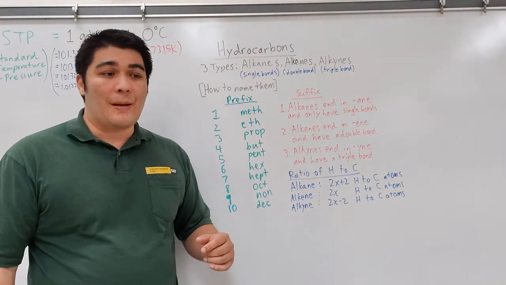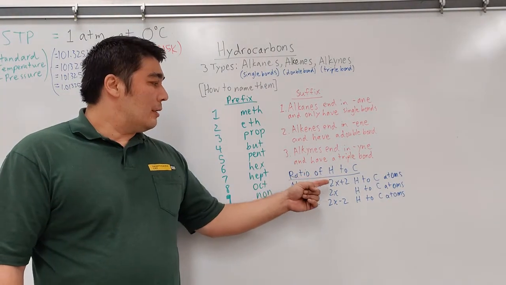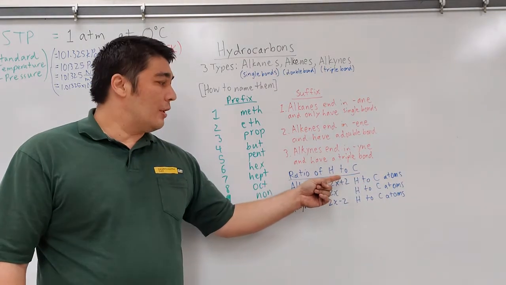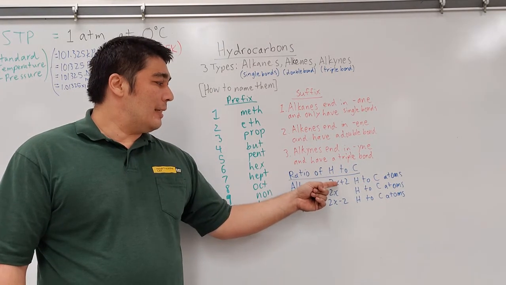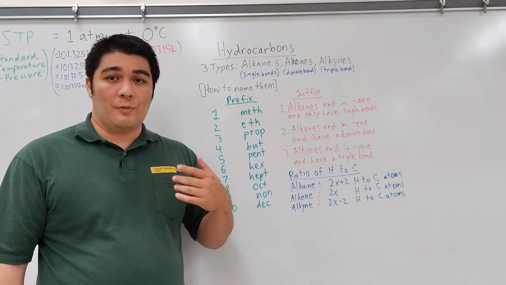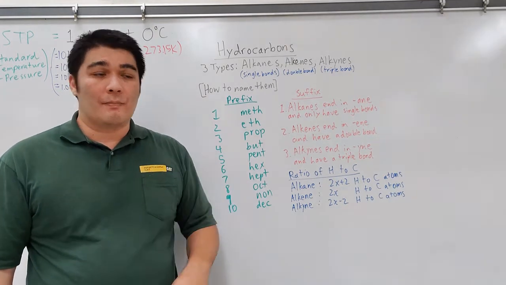Some examples of this. If I were to have octane, there would be 8 carbon atoms. So therefore you would have 8 times 2 is 16, plus 2 is 18. So your formula would be C8H18.